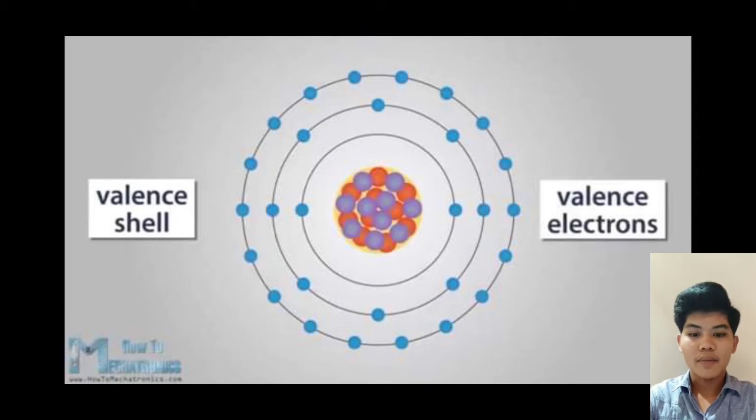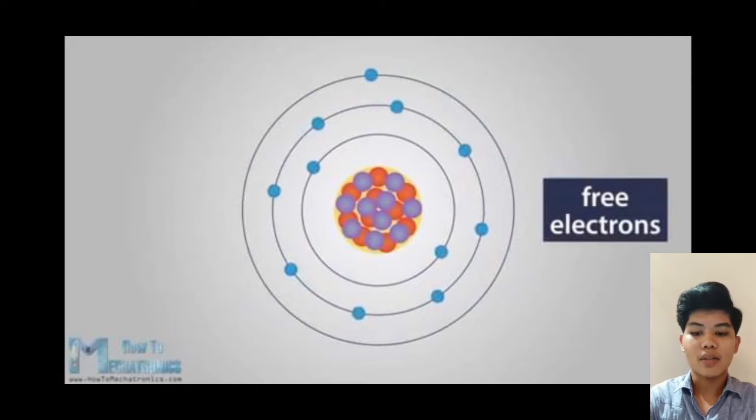The outer shell is known as the valence shell, and its electrons are called valence electrons. In some materials, these are loosely bound electrons, which allows them to flow from one atom to another. These moving electrons are called free electrons. How easily electrons move around depends on the material.